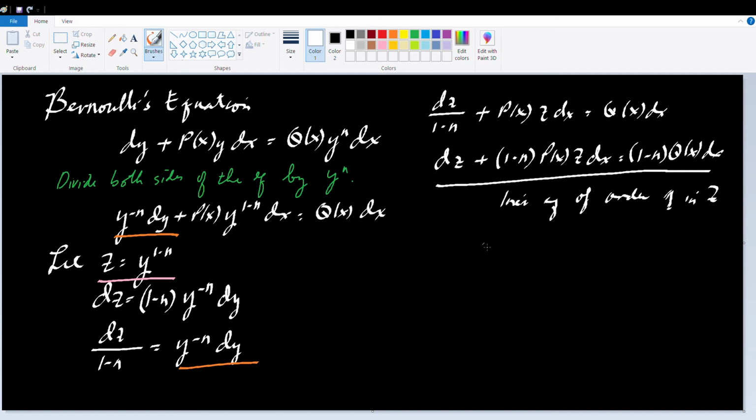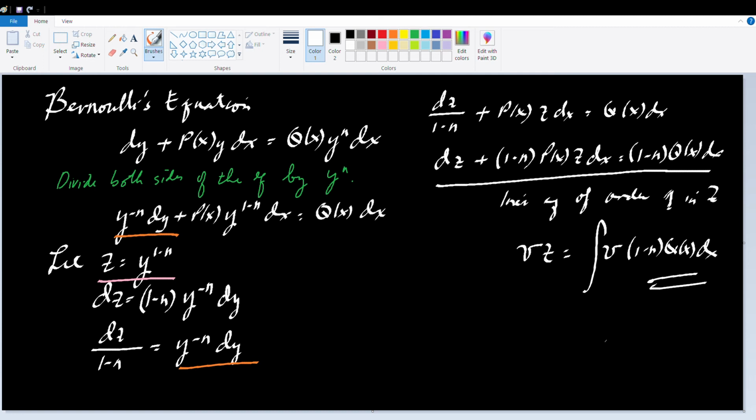So, once we have transformed a Bernoulli equation into its equivalent linear equation of order 1 in the variable z, we know that the general solution here will be, integrating factor times z equal to the integral of the integrating factor times (1 minus n) q(x) dx.